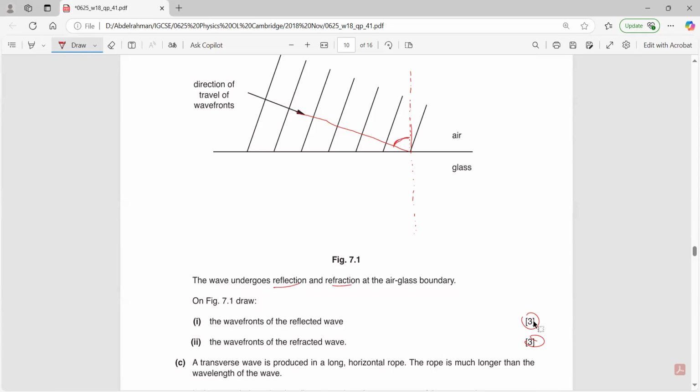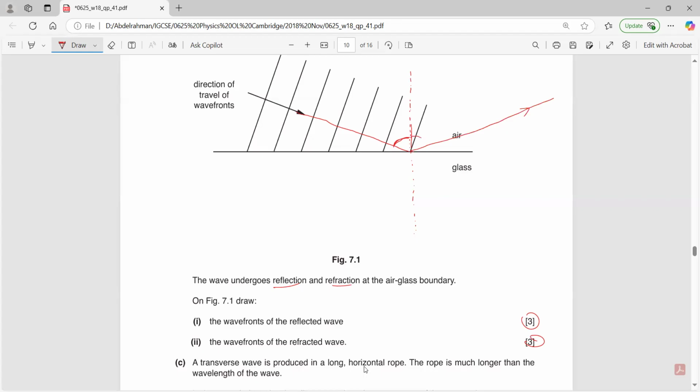Then you draw 3 reflected waves in the air. Measure the angle of incidence and draw the angle of reflection, which would be the same. First, draw the reflected ray with the same angle and draw the arrow.